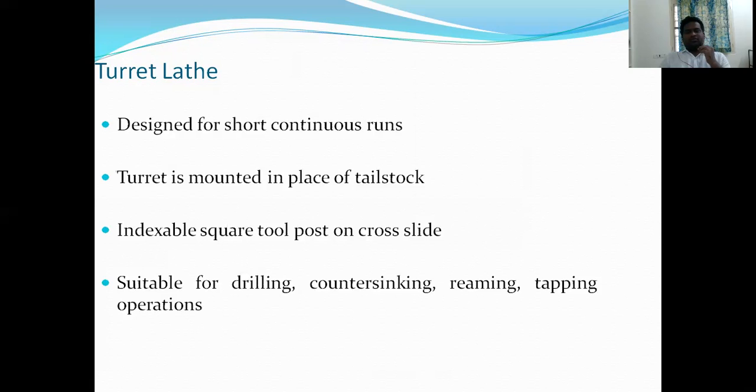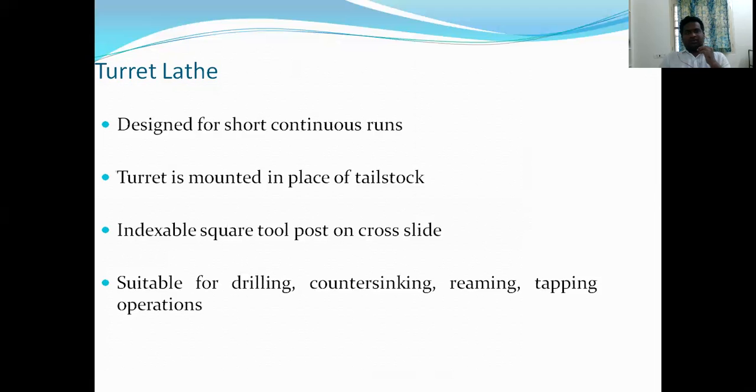So we can easily tell that the turret is mounted in the place of the tailstock. Generally, in the tailstock place we fix drill bits, reamers or boring tools.